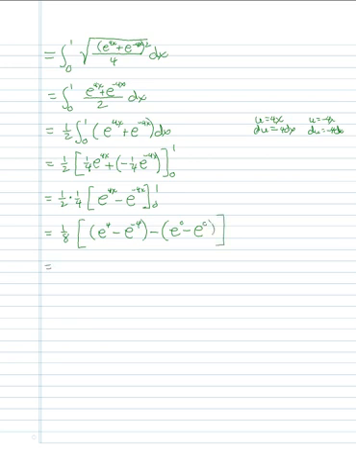So this ends up being 1/8 times simply e to the 4th minus e to the negative 4th, because e to the 0 minus e to the 0 is 1 minus 1, which of course is 0. Now, using my calculator, I approximated that to be approximately 6.822 units.